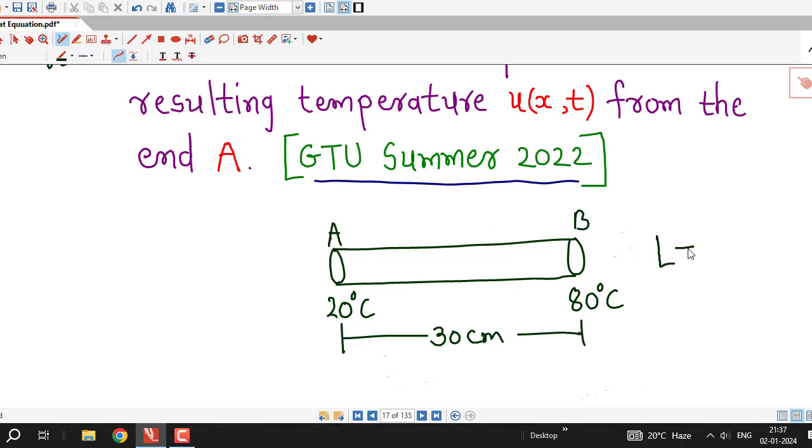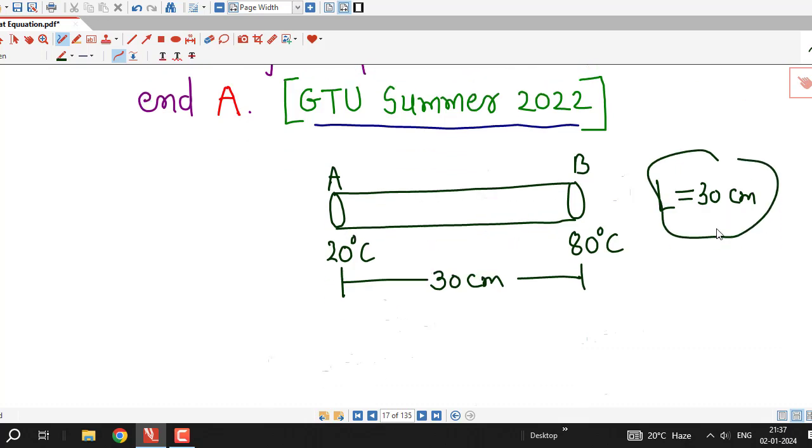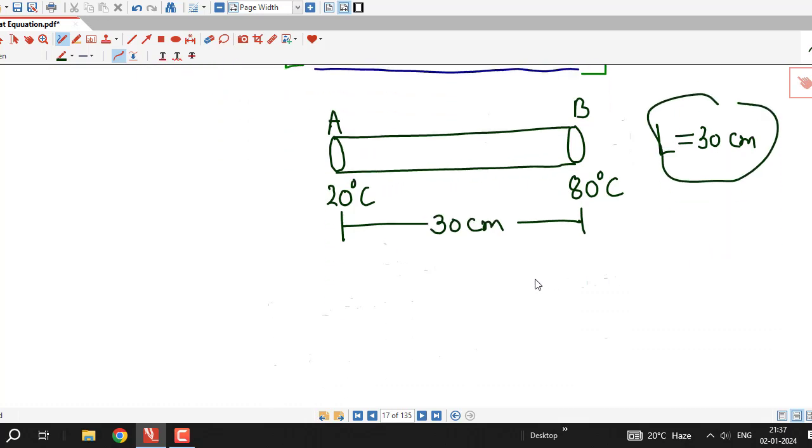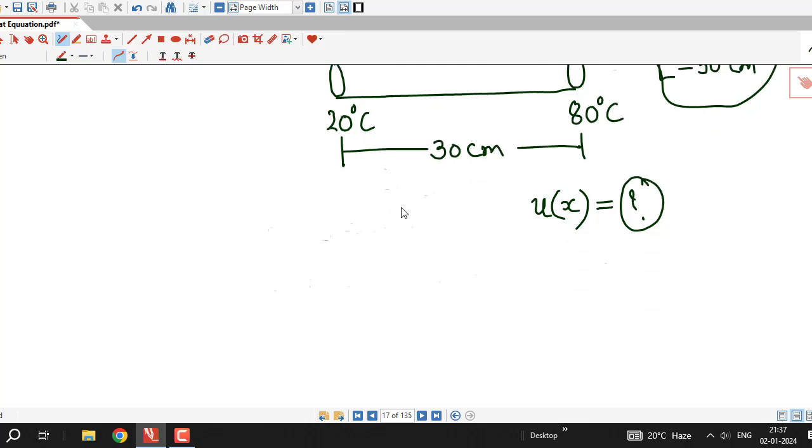That means the value of L is 30 centimeter. So first I will decide what the solution of the system is during the steady state situation, and we know that in steady state situation u depends only on one variable, say x.